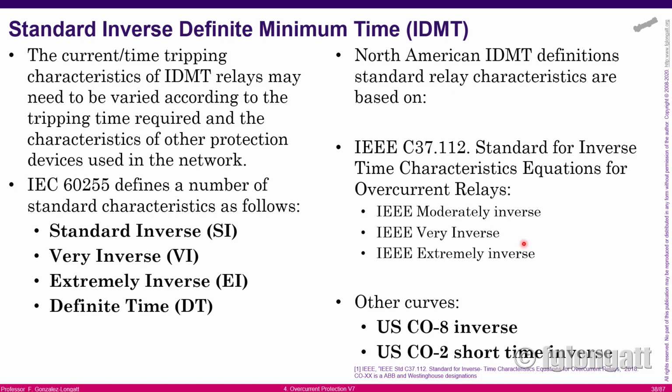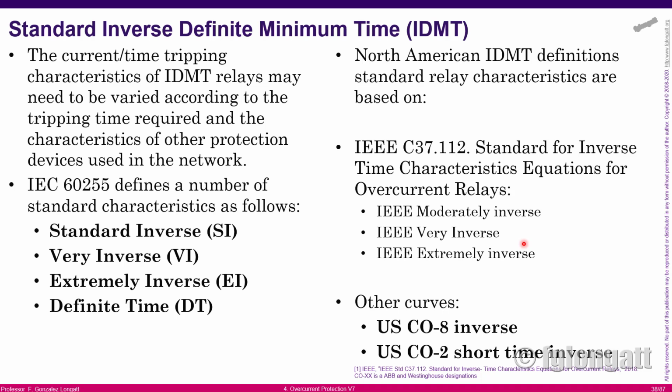Okay, I would like to point out something. At the very beginning of the electromechanical relays, companies like Westinghouse and ABB and others started to create the relays by themselves. That was the time before the standardization.